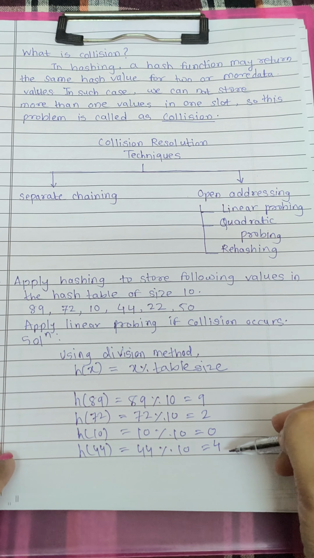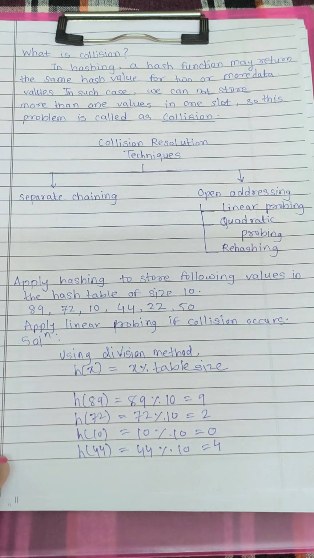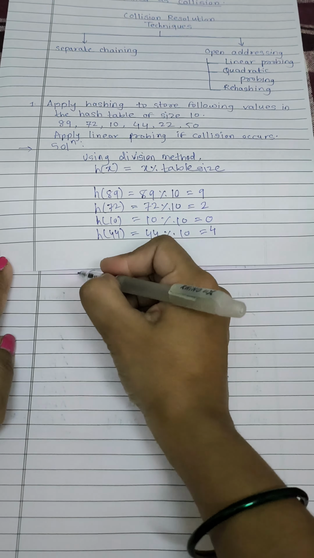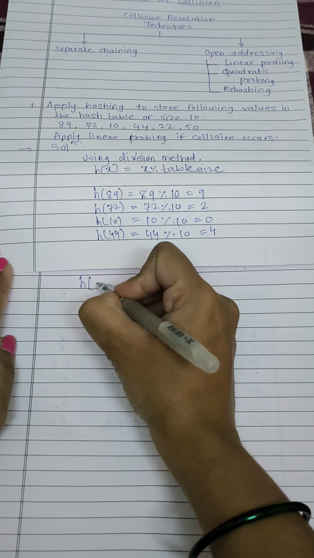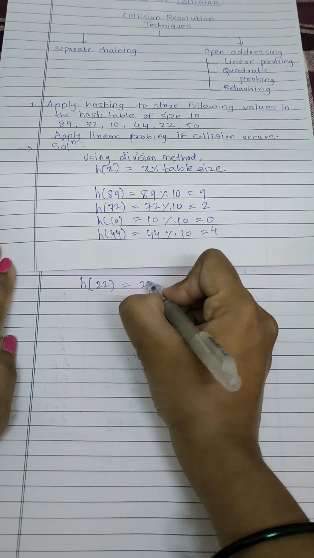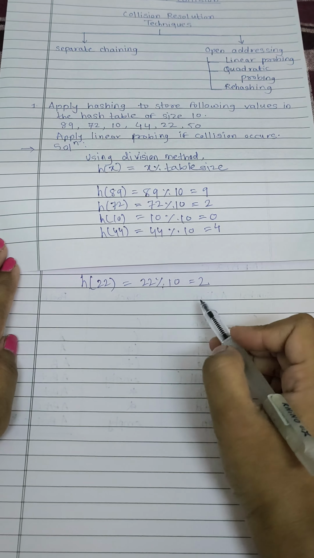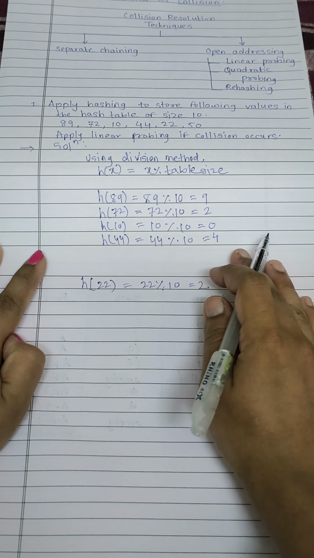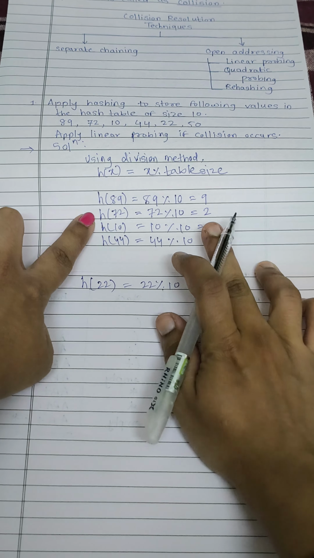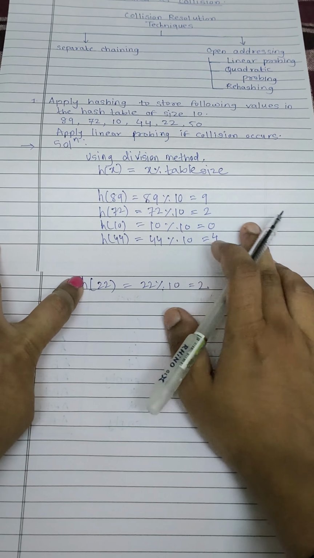Till now, there has not been any collision. All the values are unique. Now, the next value we have is h of 22. We do 22 mod 10 and it generates index 2. One thing we need to observe here is that h of 72 is also generating index 2, and the same applies to h of 22.